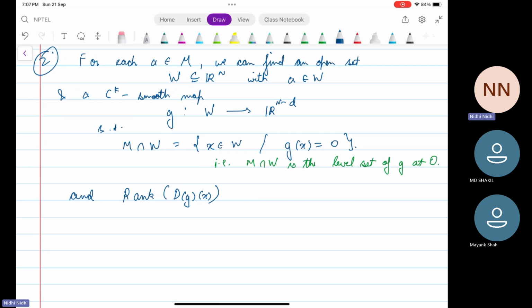Now dG(x) is a matrix, we can find its rank. The rank of this dG(x) should be equal to n minus d for every x in M intersection W.